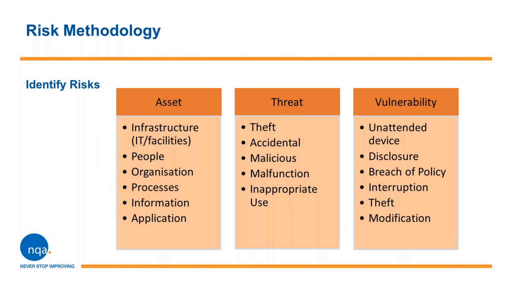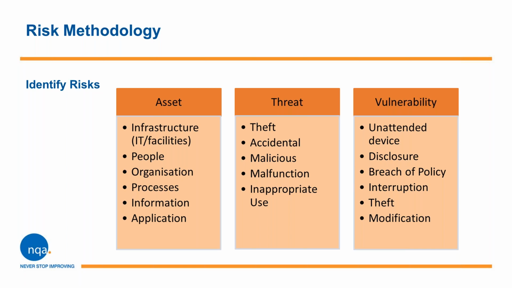Identifying the risk that can affect the confidentiality, integrity, and availability of information is the most time-consuming part of the risk assessment. Now, following an asset-based approach, for example, can help develop a list of information assets. It is a good place to start. But if you can find an existing list, most of the work is done for you. So basically, if you can find an asset list, that's a good place to start.